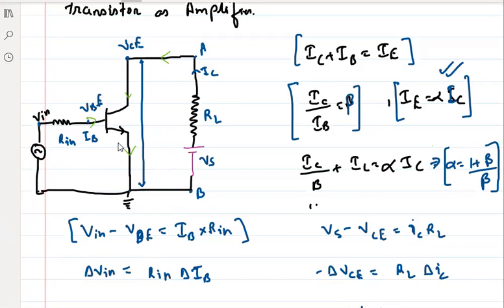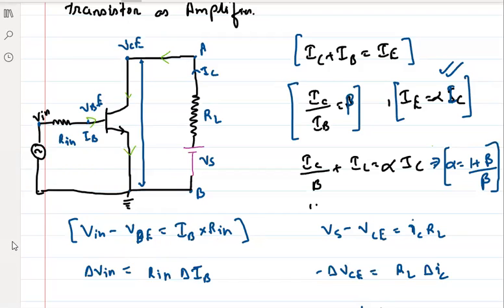The potential barrier will not change. Got it? So for a given semiconductor, for a given PN junction, it is constant. So VIN, the input voltage, minus VBE will be IB into RIN.